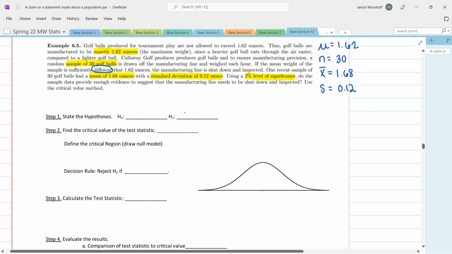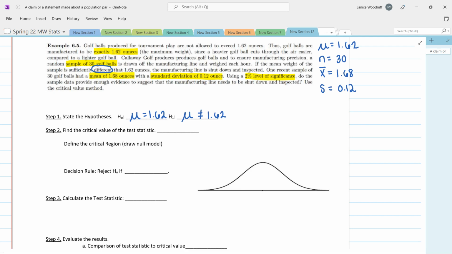This is the alternative: is the mean different, so is it not equal to 1.62? Which means the null is the mean is equal to 1.62. So that's how you're going to piece through and find those hypotheses, look for that wording. The last one said greater than, or more than. This one is just different. Different is just not equal.